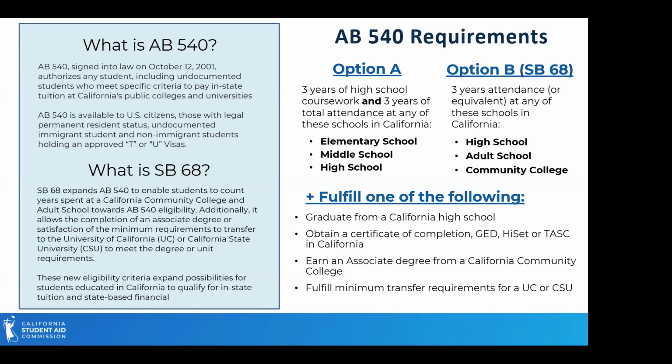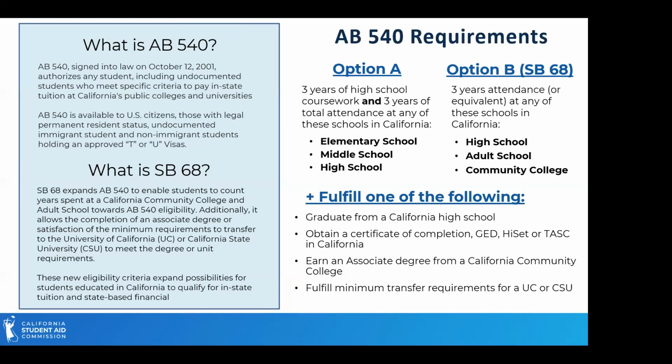But in 2000, SB 68 actually expanded this and gave a second option, and that is 3 years of attendance or the equivalent at a high school, adult school, or community college.